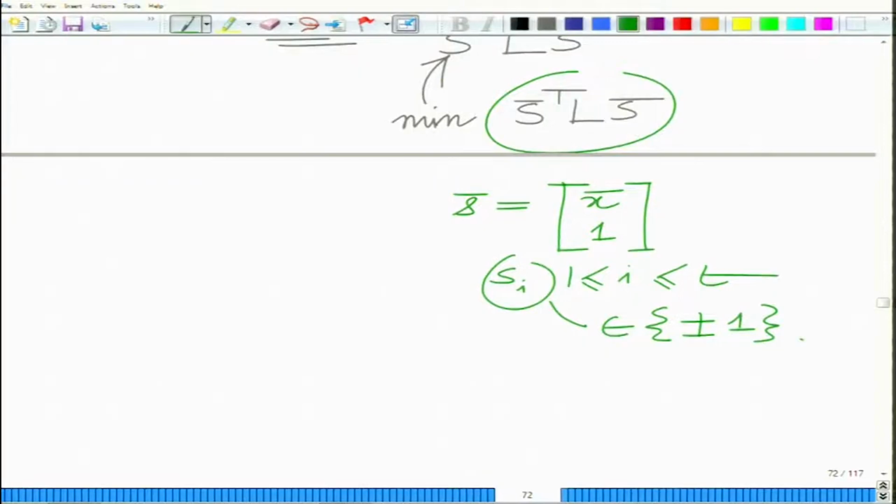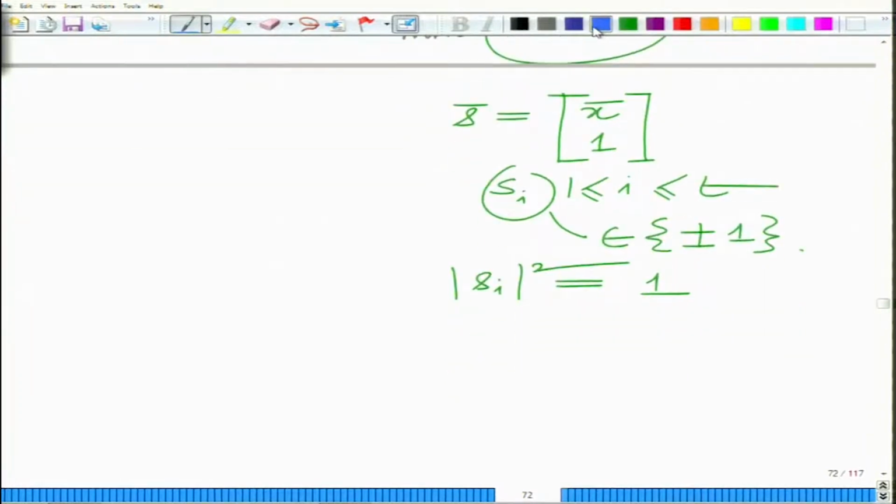Now I am going to manipulate this cost function step by step. First note that each magnitude Si square, in fact for the T plus 1th element as well, is also 1. In this case, simply considering real symbols, you can note that Si square equals unity.